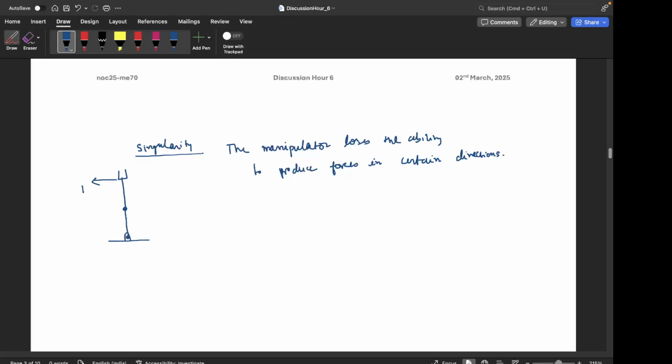Here it can apply a force, here it can apply a force, but in this direction it cannot apply forces.